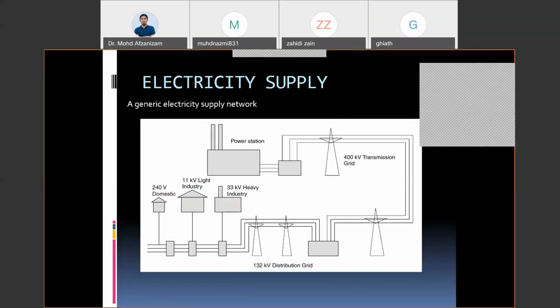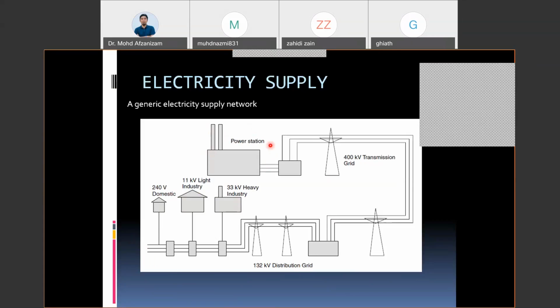So this is, I would say, the basic portion of electricity supply, which is the overall overview. It starts with the power station. Normally, this power station can be in the form of a steam power plant or coal power plant or whatever power plant, such as hydro power plant, solar farm, or windmill.